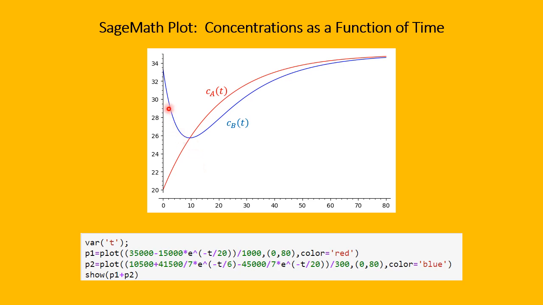In tank B, we see that initially the concentration goes down because the salt water from tank A doesn't have as high a concentration as tank B, but then eventually the concentration of salt in tank B also approaches 35 grams per liter as time goes to infinity.